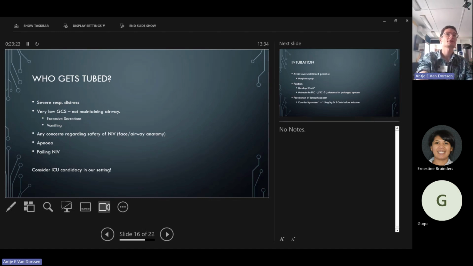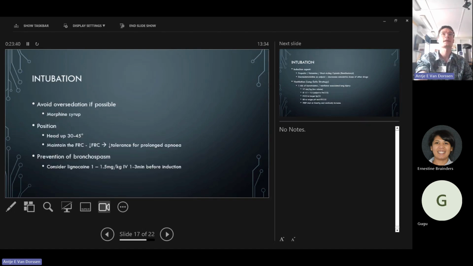Patients who are experiencing apnea, whether from a central cause or a peripheral cause, a biochemical cause, something that could probably be resolved through management. And then if the patient is failing non-invasive ventilation, as I said, consider your ICU candidacy in our setting.